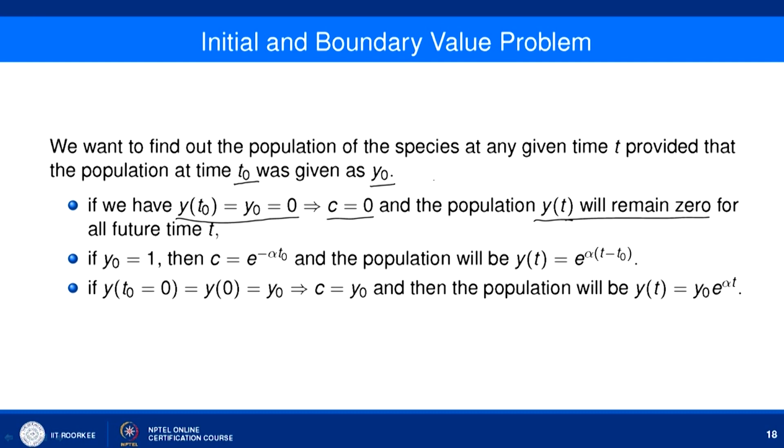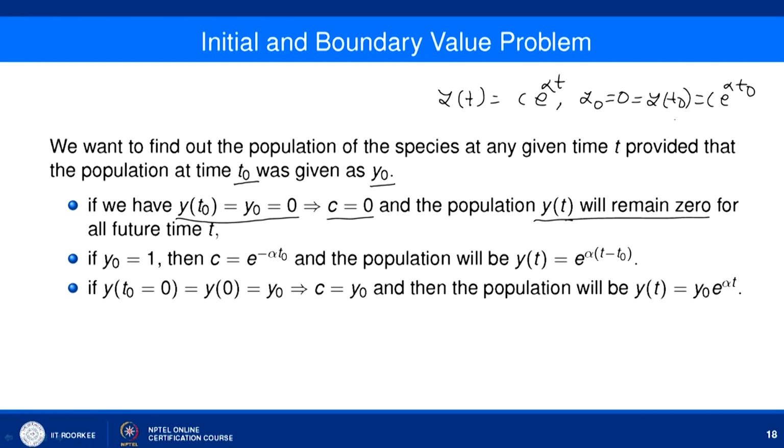If you look, we have the solution y t equal to c e to power alpha t. Now, it is already given that at time t equal to t naught, the initial condition is 0. So, we can say that y naught is equal to 0 equal to y t naught equal to c e to power alpha t naught.